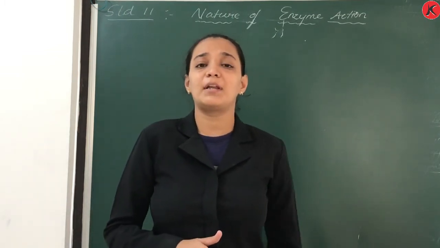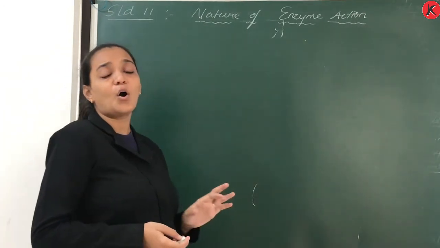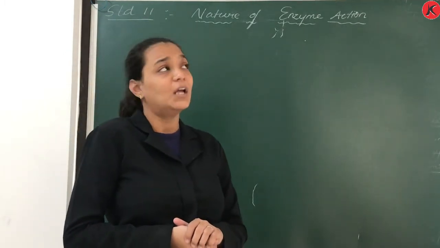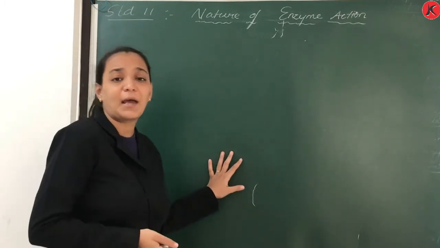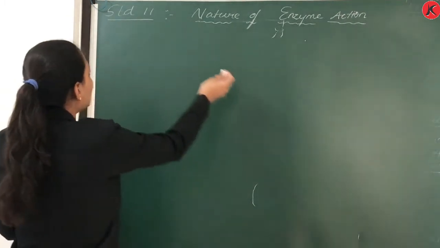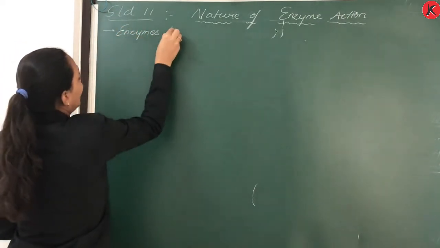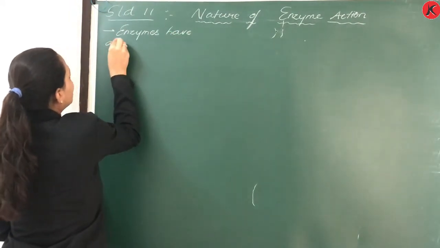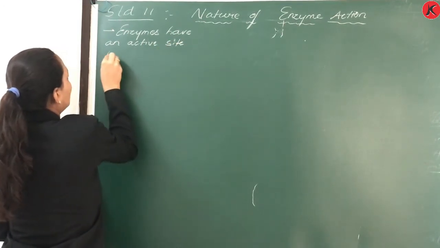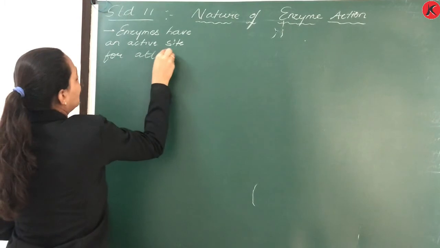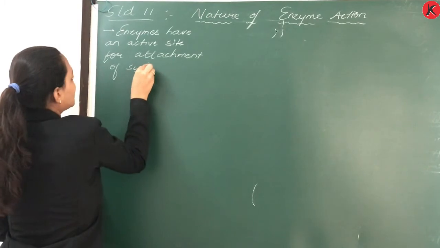Now we are moving on to the next topic we need to understand about enzymes, and that is the nature of enzyme action. When we are talking about the nature of enzyme action, we know one thing: all enzymes have an active site for attachment of the substrate.